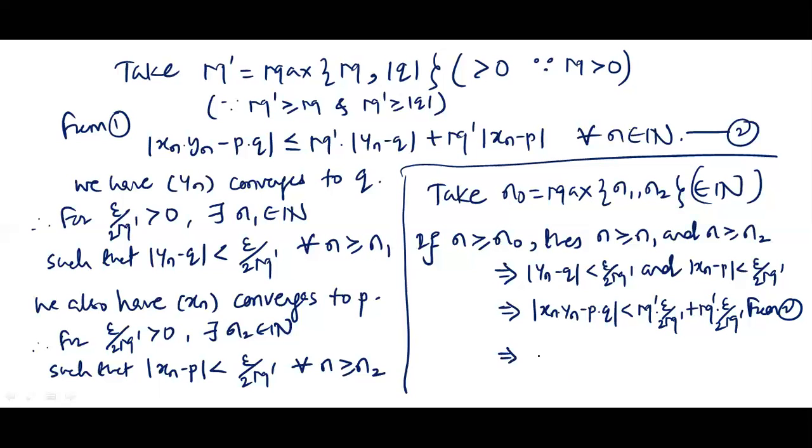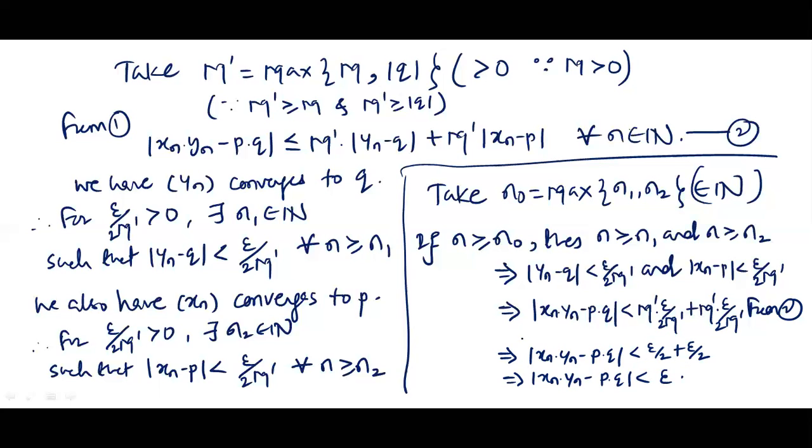So it implies mod of xn into yn minus p into q is less than epsilon by 2 plus epsilon by 2, that is equal to epsilon. Mod of xn yn minus p into q is less than epsilon.